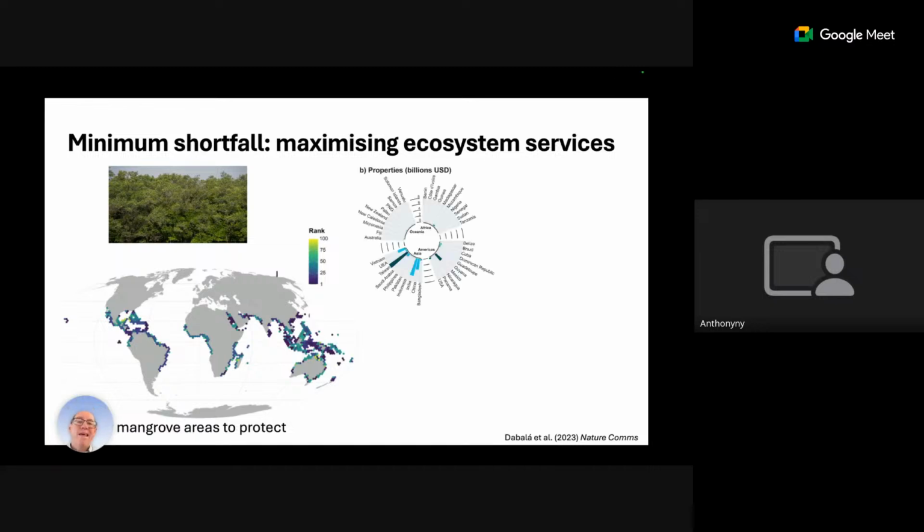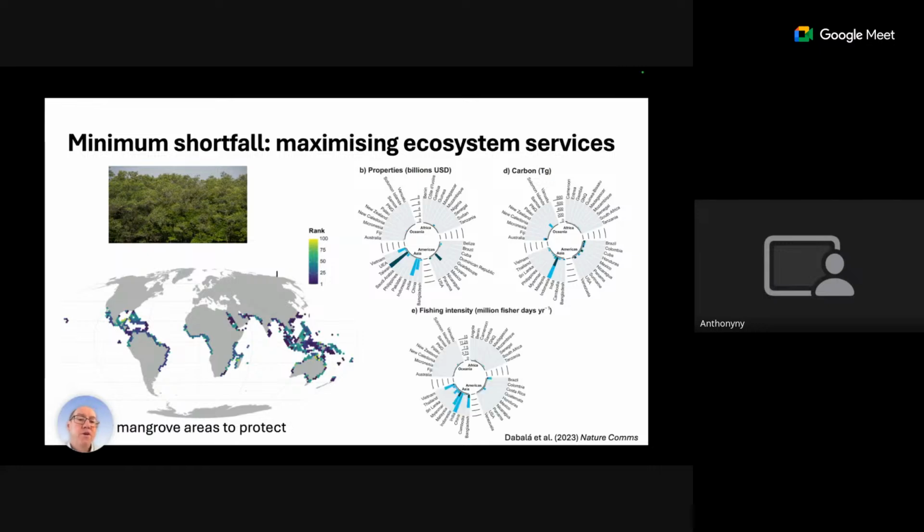Because they're in exclusive economic zones, we could look at different countries, and at the amount of money that protecting mangroves and not cutting them down, putting them in protected areas, for instance, would have a lot of benefit. Here in Taiwan and in India, etc., the carbon burial would be maximally the most in Indonesia.